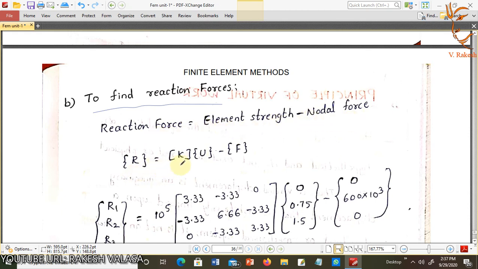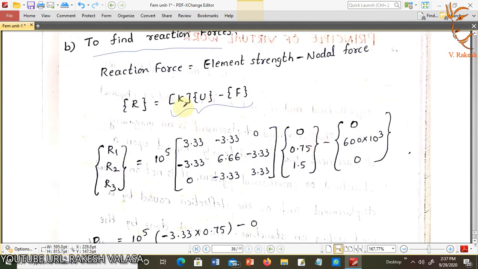That means R equal to Ku minus F. K means this stiffness matrix, U the displacement matrix U1, U2, U3, F is the nodal load vector, that is 0, 500 into 10 power 3, 0.